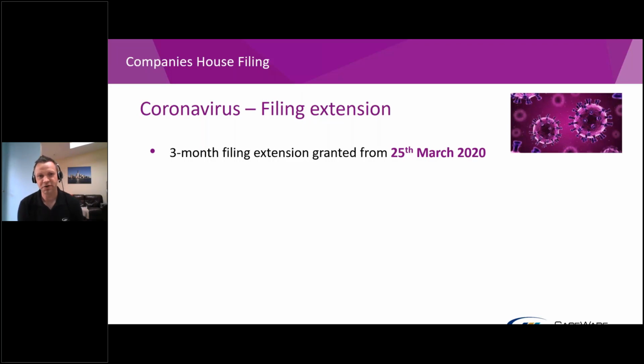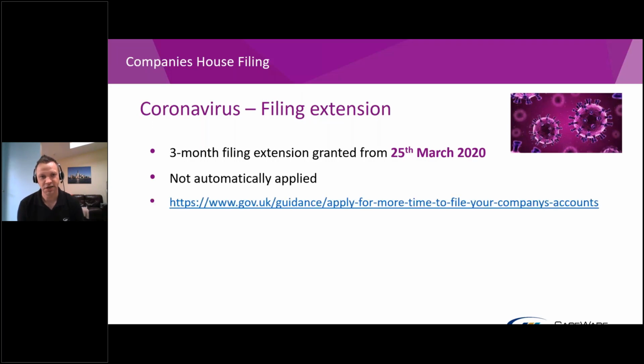Now, one thing just to clarify is that the extension isn't automatic. You do have to actually apply for it, and you can do that on the government's website there. So were you to copy and paste that link and go online, it's completely available online.